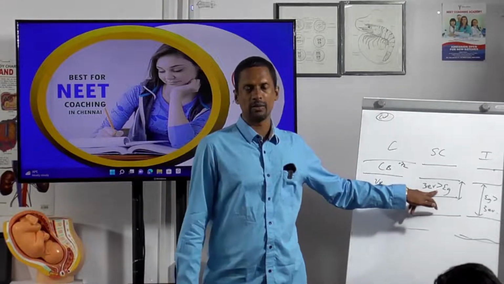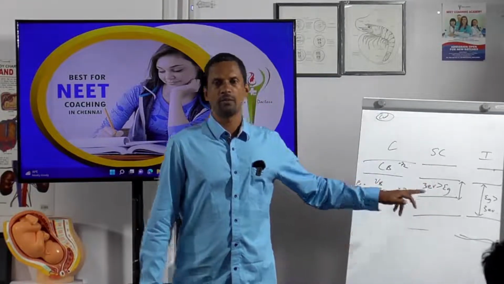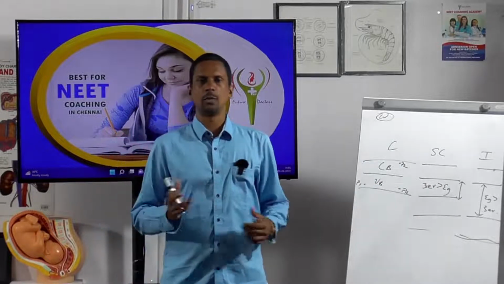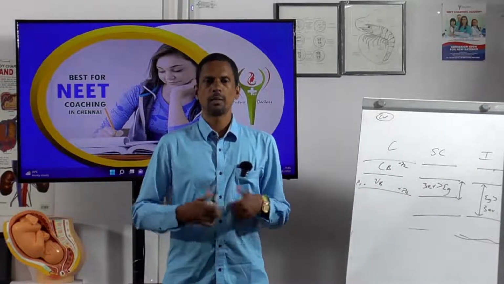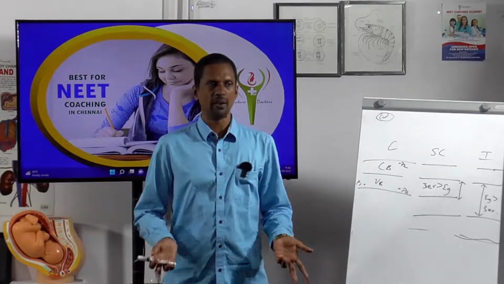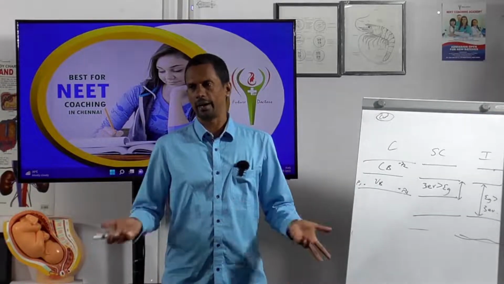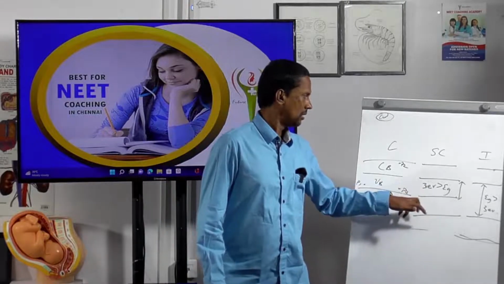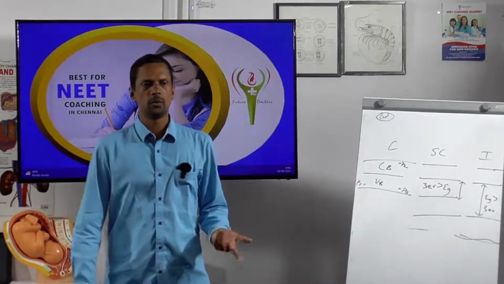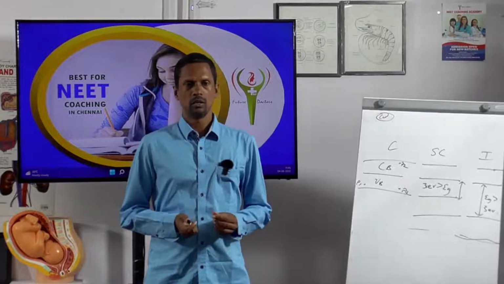It could be 1, 2, 2.5, 2.7 or 2.9. Anything less than 3. So did you understand now?